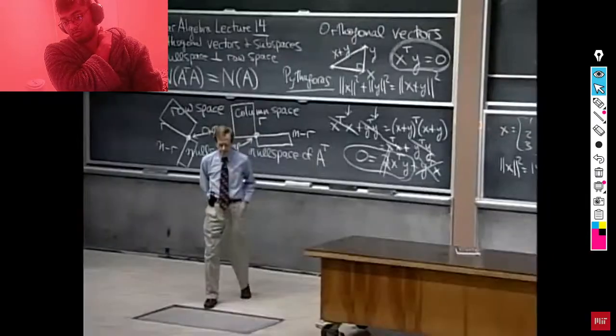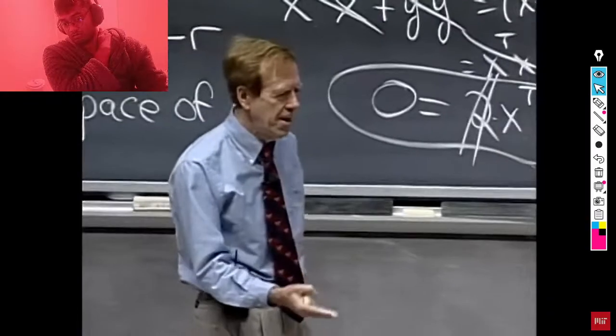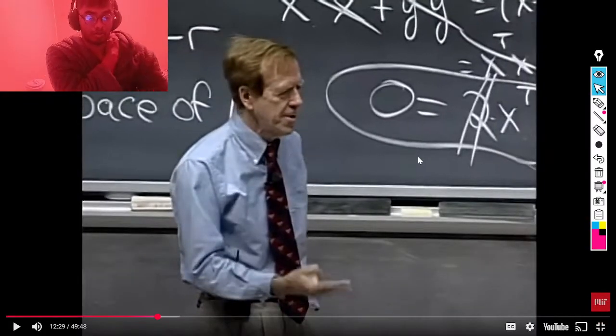Fair enough. Okay. You knew it was coming. The dot product of orthogonal vectors is 0. I just want to say that. Interesting. What does that mean?